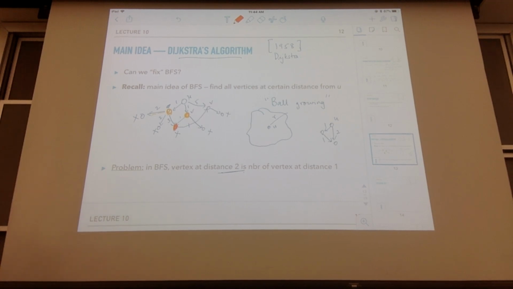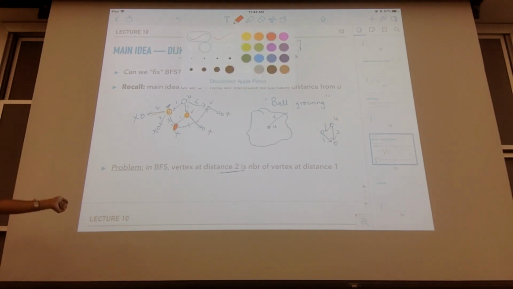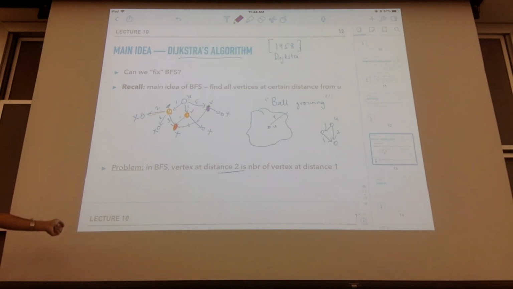At a distance 3, I could now take the edge out of this red vertex. Let's call it purple, and I could either take this vertex, or I could also take the 2 edge out of this one. So this is, roughly speaking, how you're going to build this new breadth first search tree.